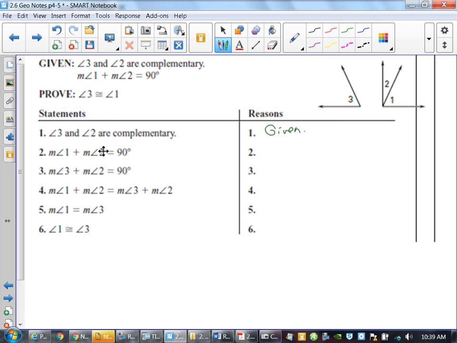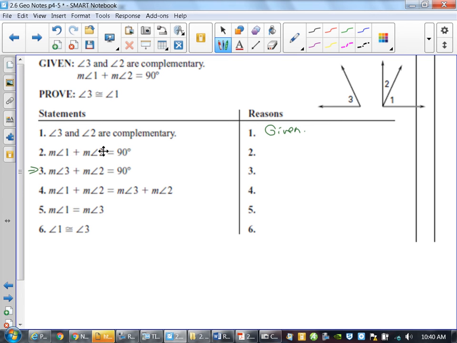Well, what are the two angles that we're given here? Angle 3 and 2. Oh, they skipped to here though. Notice what they did. They put their two givens right next to each other. If it were me, I would have said something about 3 and 2 right away because I have that on my progression sheet. Does that make sense? So I'm just going to skip ahead and go to the third line.